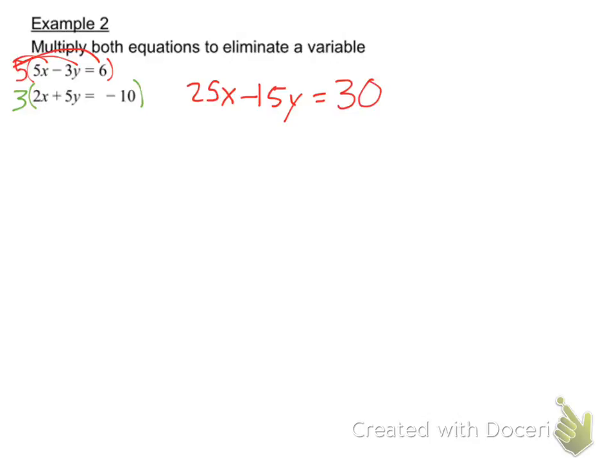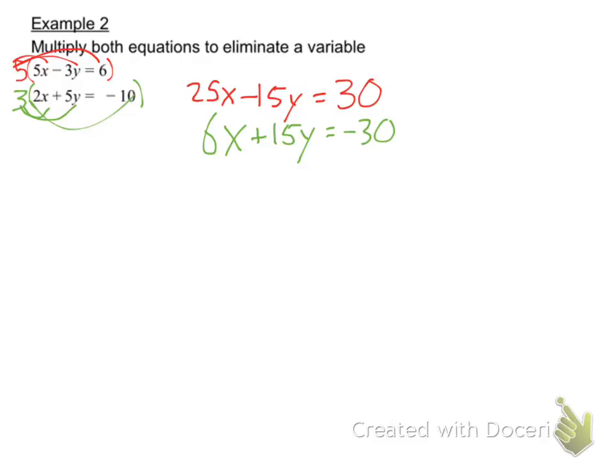Changing up to the second equation. 3 times 2x is 6x. 3 times 5 is a positive 15y. We should have that happen. And 3 times negative 10 is negative 30. Is everybody okay with that? I am.